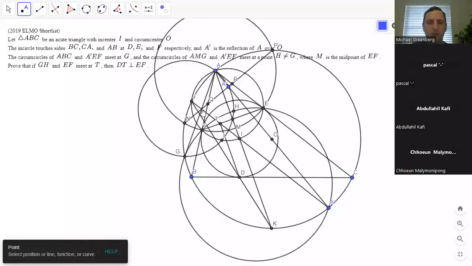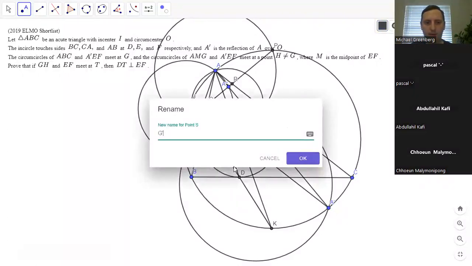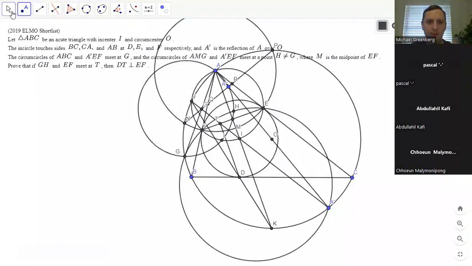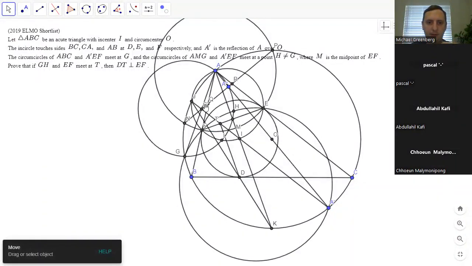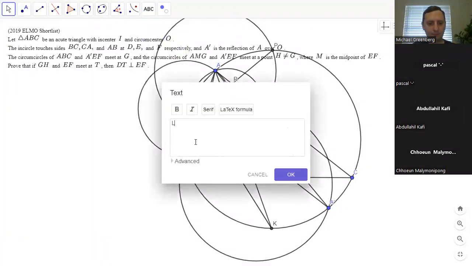That would prove that this has to lie on the line PN. Okay, so I'll call this G prime. But basically, let P prime be the foot of the perpendicular from B to EF. Say altitude.